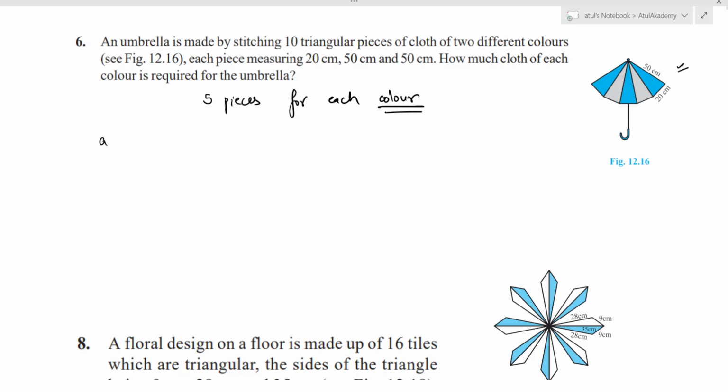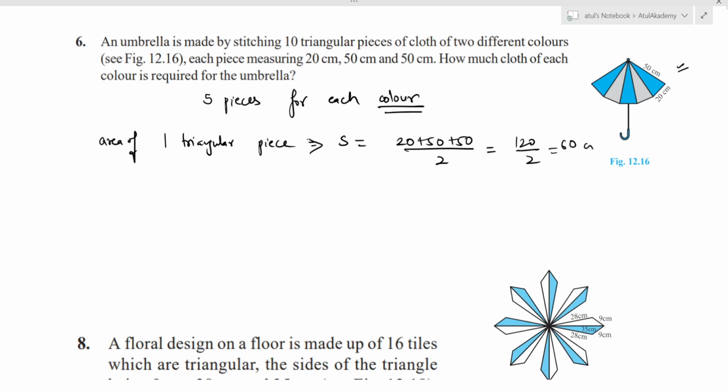Let's find the area of one triangular piece. Again I'll use the same formula. First we will calculate S, which will be equal to 20 plus 50 plus 50 by 2. I hope till now you people completely know Heron's formula. That's 120 by 2, which is 60 centimeter.